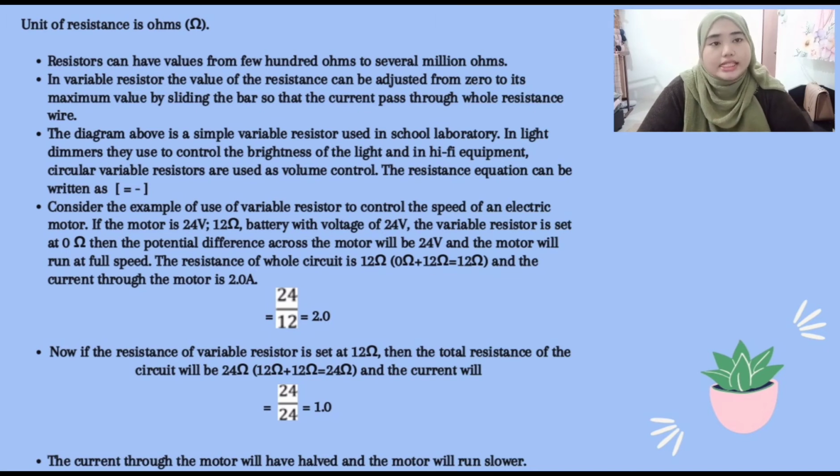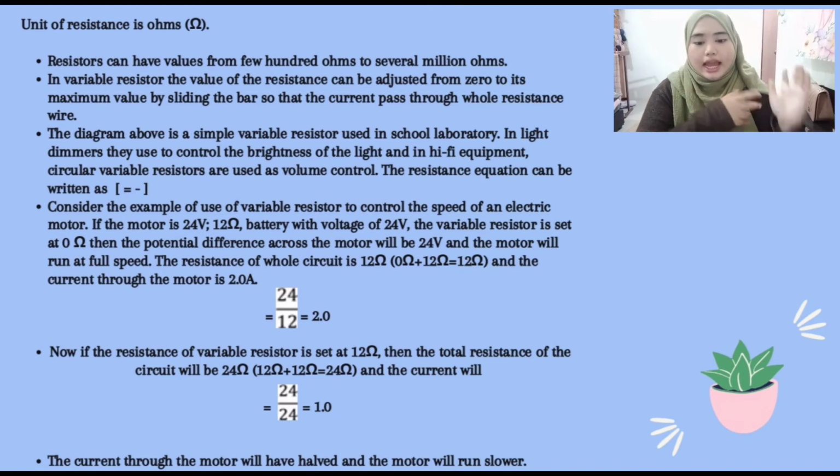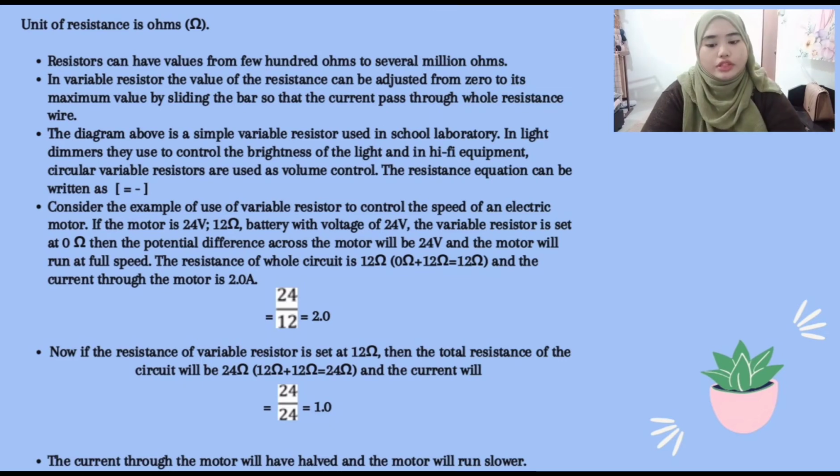The resistance of the whole circuit is 12 ohms like this, and the current through the motor is 2.08. Now, if the resistance of the variable resistor is set at 12 ohms, then the total resistance of the circuit will be like this, and the current through the motor will be halved and the motor will run slower.